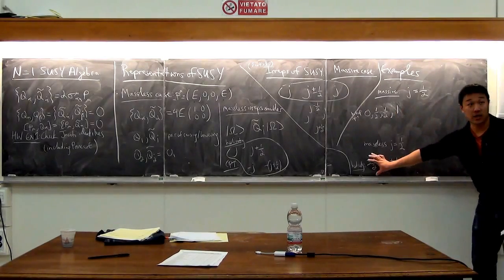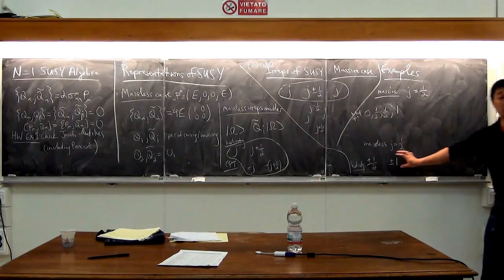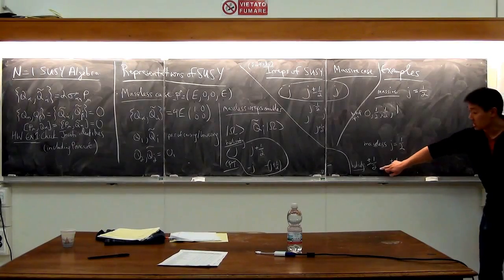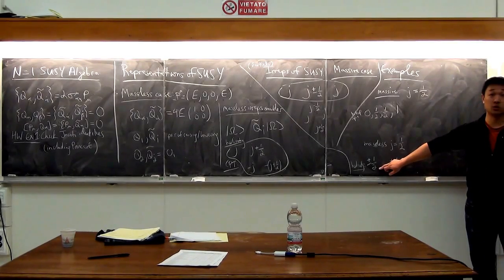So does anyone recognize what this is? Or at least what this is? What particle has helicities plus or minus 1? Photon, right? Or in general, any massless vector boson. Right, so this is a massless vector boson, and by supersymmetry, it's married to a spin a half massless spin a half field.